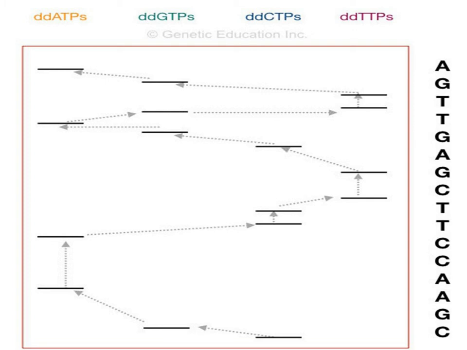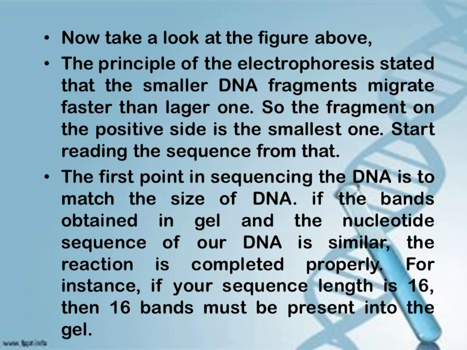Here's the image showing DNA sequences and the desired sequence from the Sanger sequencing method, and now let's interpret it. From the figure above, the principle of electrophoresis states that the smaller DNA fragments migrate faster than larger ones. So the fragment on the positive side is the smallest one. Start reading the sequence from that.